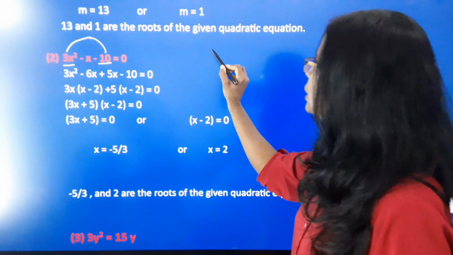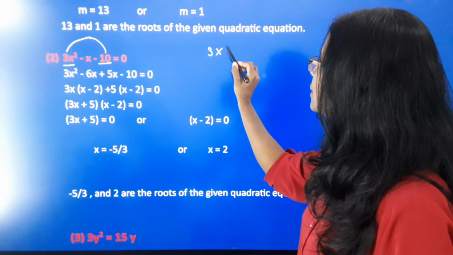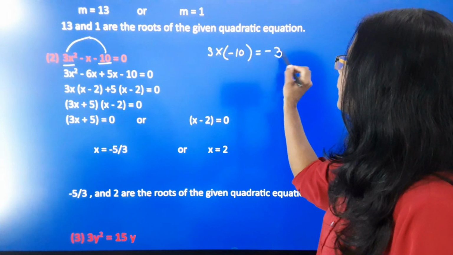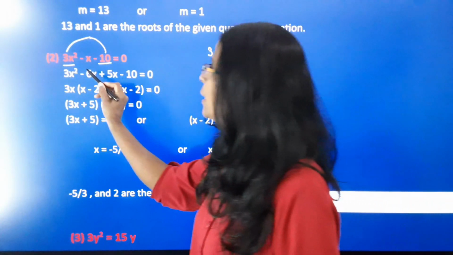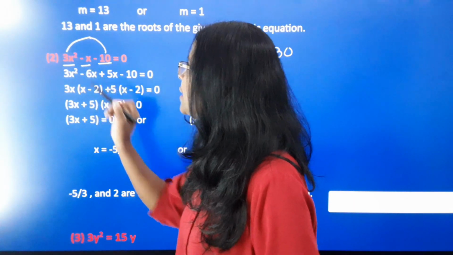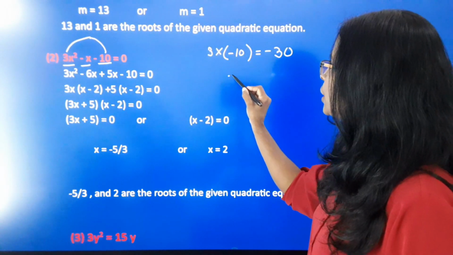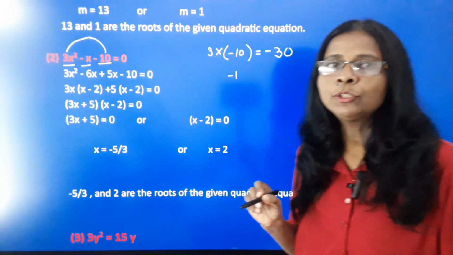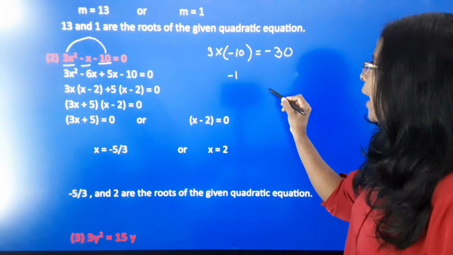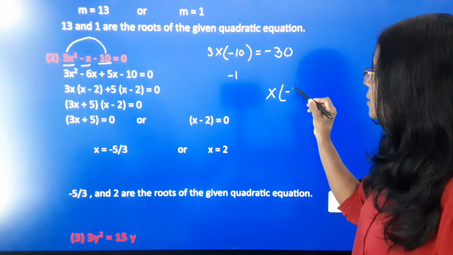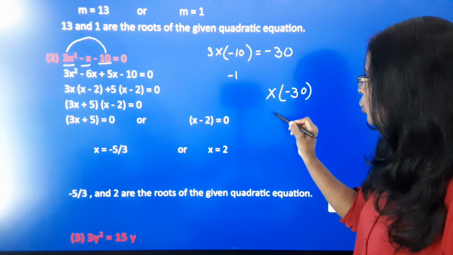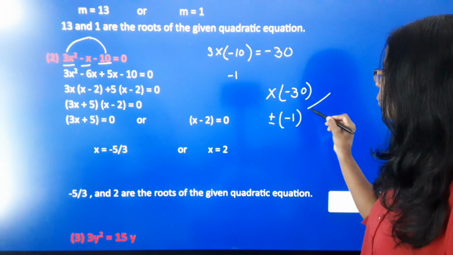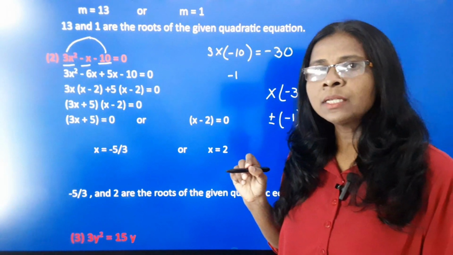So 3 multiplied by minus 10 gives minus 30. The middle term is minus x, that means the coefficient is minus 1. So we have to find two numbers having the product minus 30 and addition or subtraction minus 1.